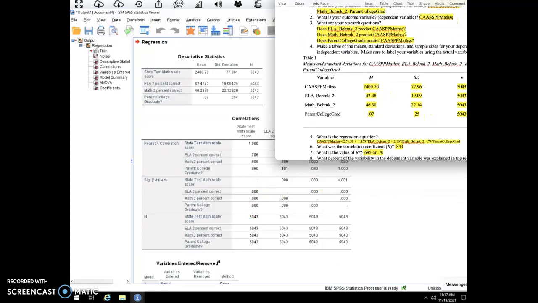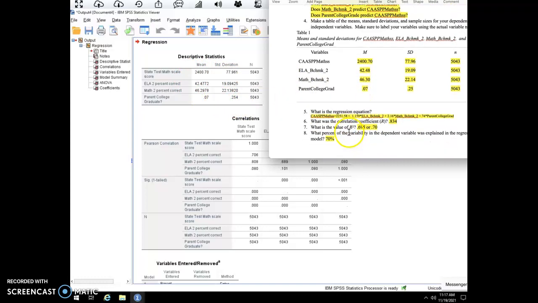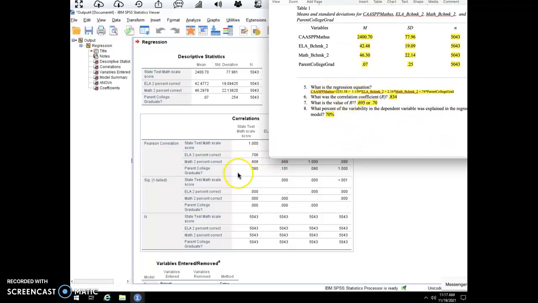So you can see we're asked to insert mean, standard deviation, and N. That's all included here in the top descriptive statistics table. The question about what is the regression equation.